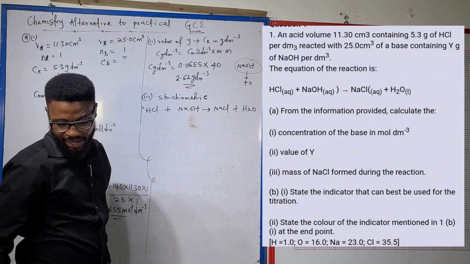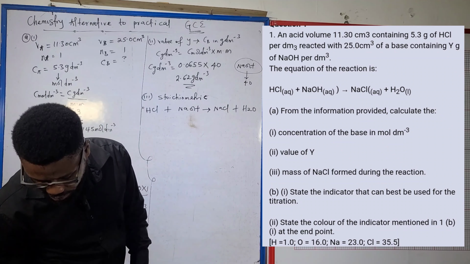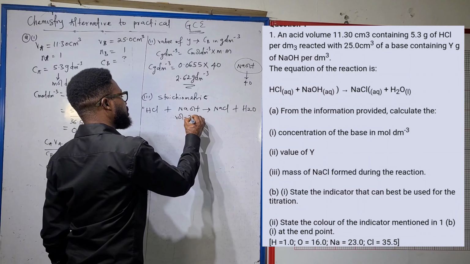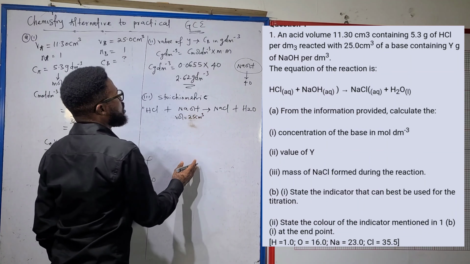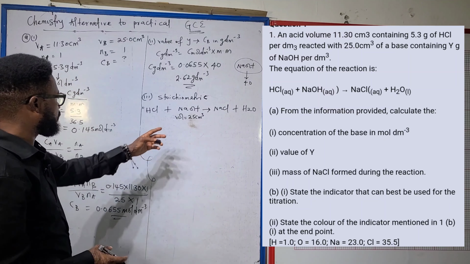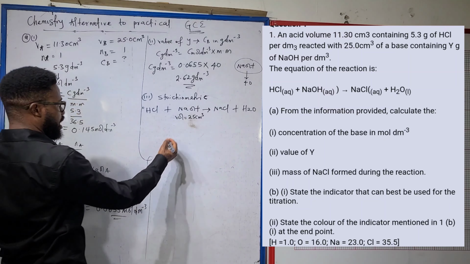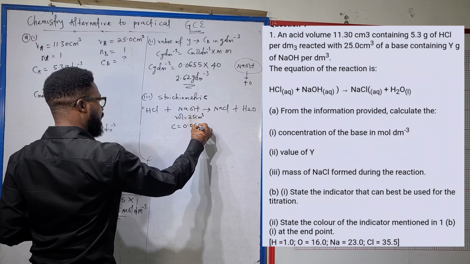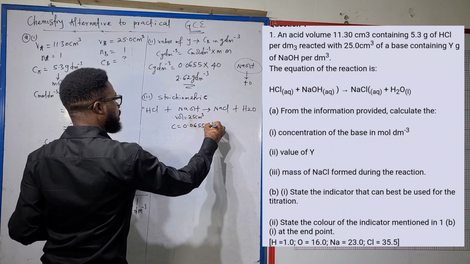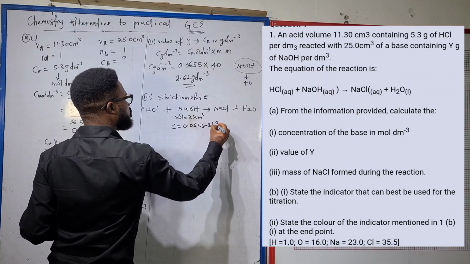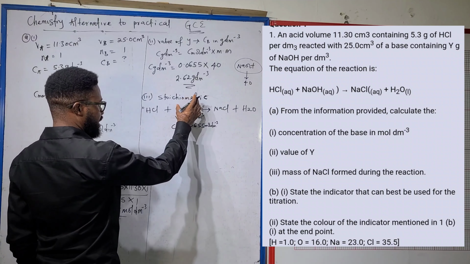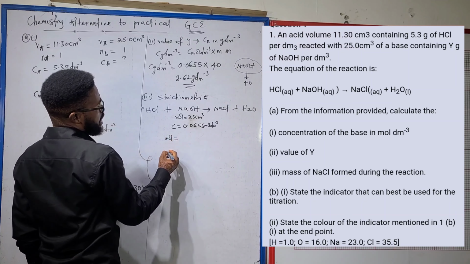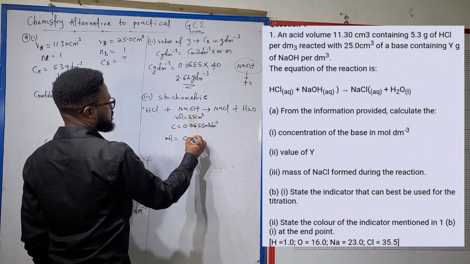Taking a look at this from the beginning of the question, the volume here was 25 cm cube, and the concentration that we had calculated was 0.0655 mole per dm cube. The mole is actually concentration times volume.